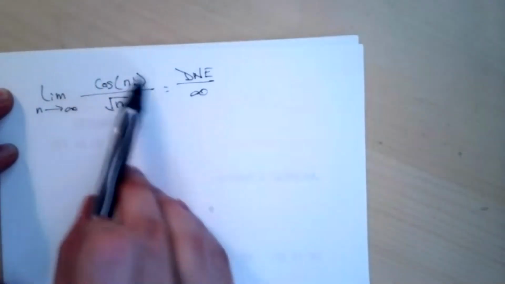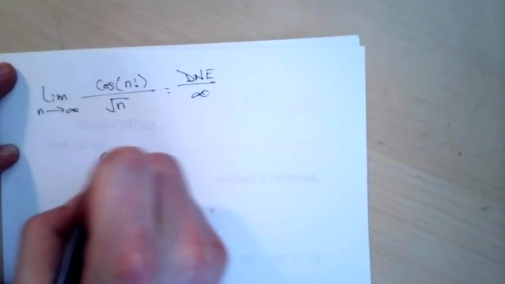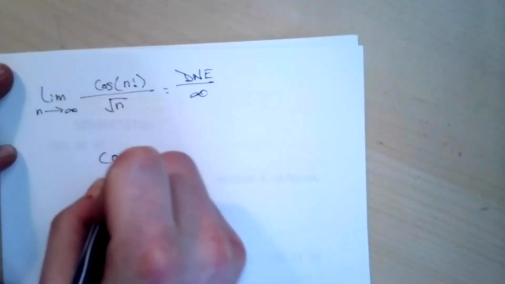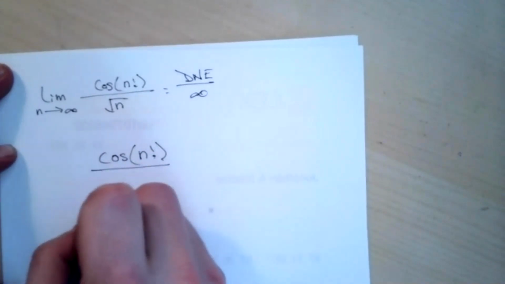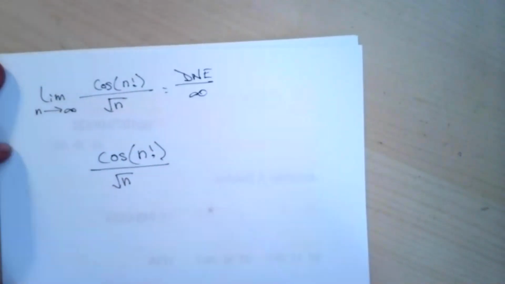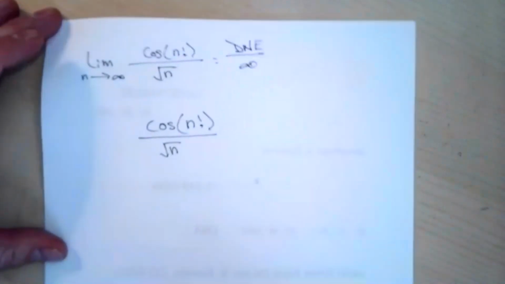So we have to be a little more clever, and this will come up with cosines and sines quite a bit: the squeeze theorem. And comparison tests. We did comparison tests for integrals.